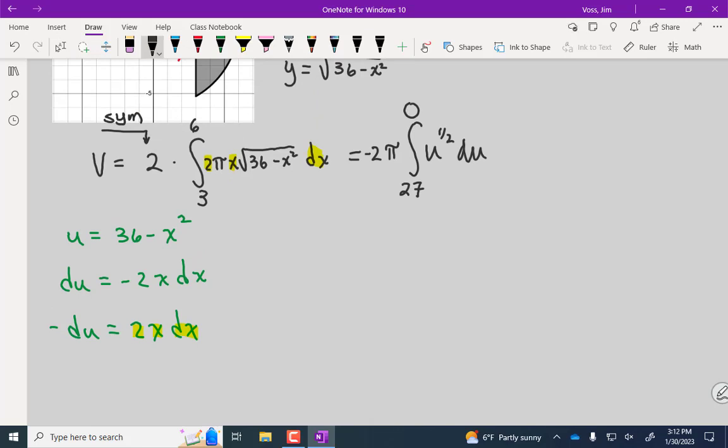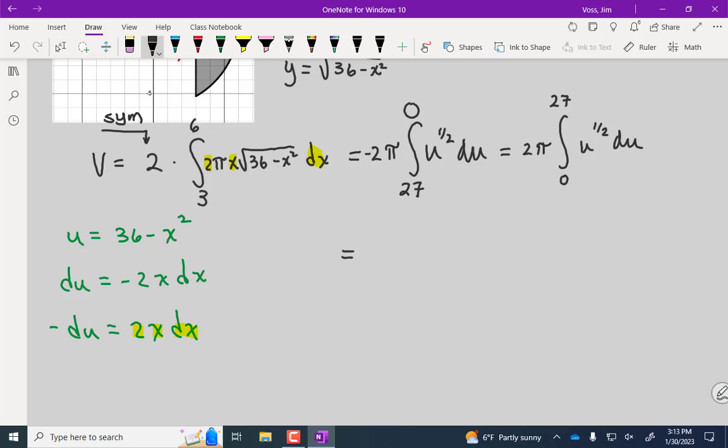And that integral feels like you're doing it backwards, going from 27 to 0, which of course you can do, right? You just get the antiderivative, plug in 0, plug in 27, take the difference. But you could also say, I prefer to integrate in the more natural order. And if you just reverse the limits of integration, you can take away the minus sign out in front. So that's a pretty good way to do it.